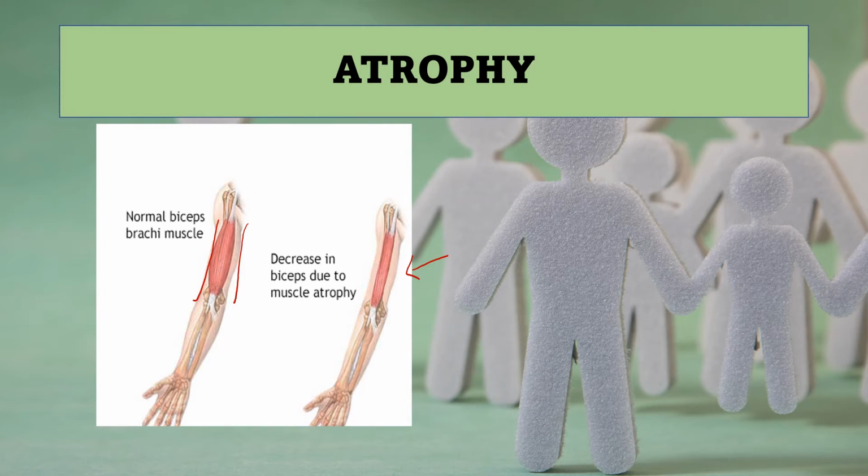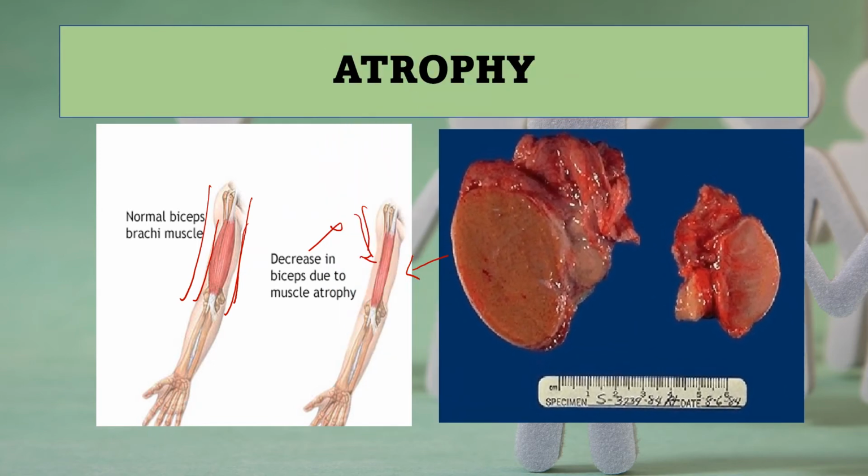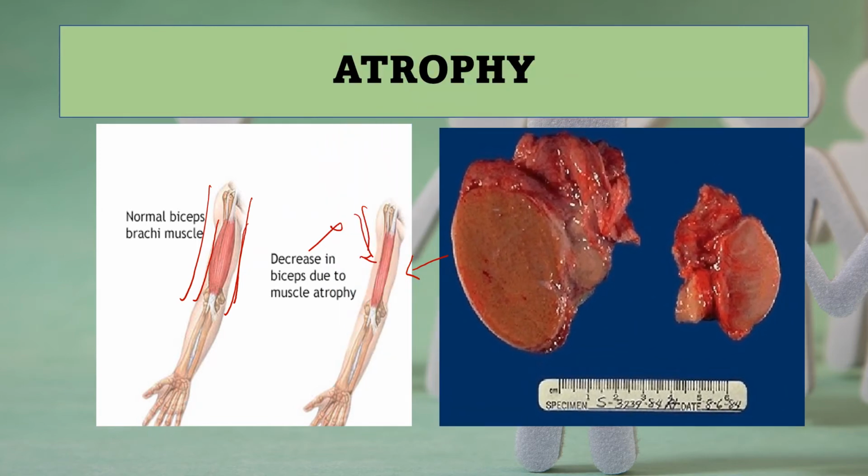So the muscles undergo atrophy. The cells have a nerve supply. If this nerve supply is cut off, your muscles can undergo atrophy. And sometimes if you are not using a limb for a long time, in that case also your muscle can undergo atrophy.